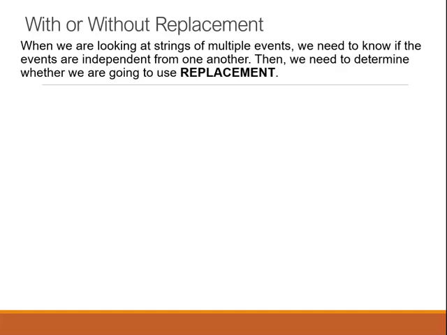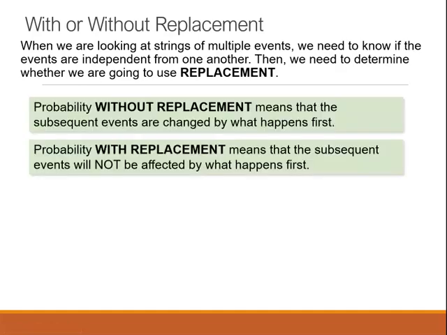If you're not, like once you've pulled a name from the hat, you're going to leave it out and then pull the next name, there you've created dependent events. So this term of replacement is often our indicator for independent events, versus without replacement means dependent events. Everybody's cool with that idea?